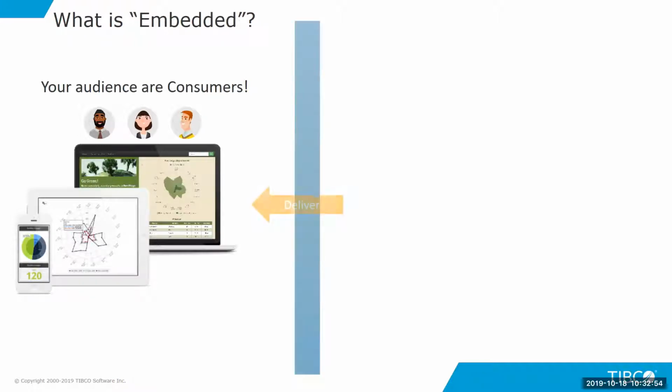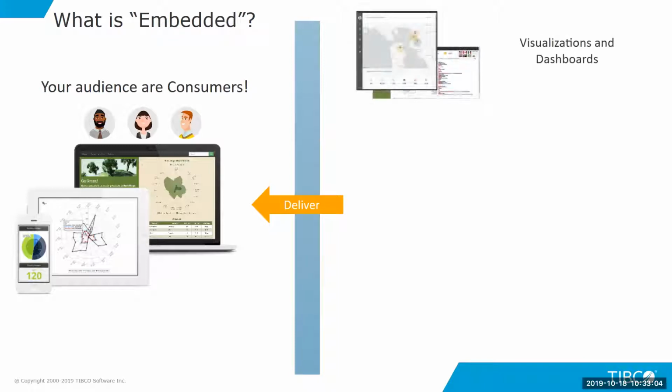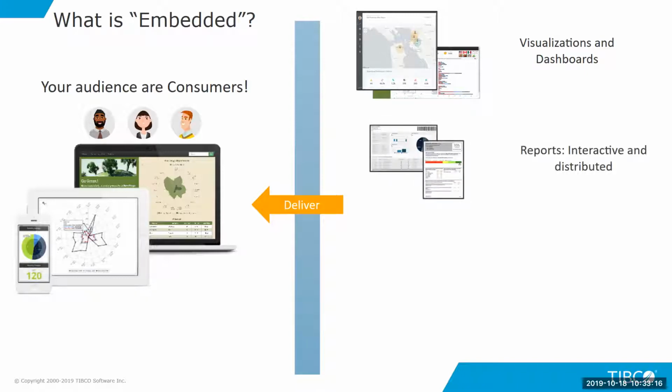So that means you as application or portal developers have to think about how to deliver that. What are the components of that? People want visualizations and dashboards, interactive mechanisms to present and work with the information. They still need reports, to get data or visualizations out of the application for use downstream.